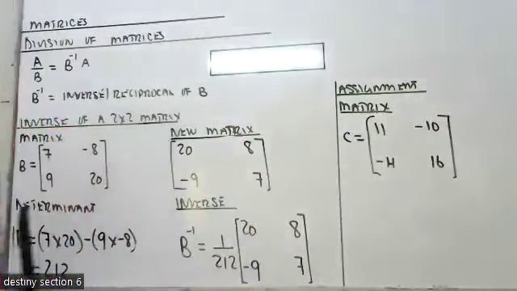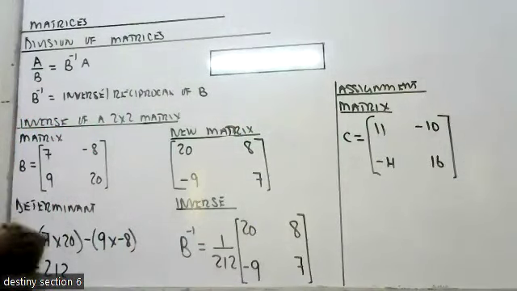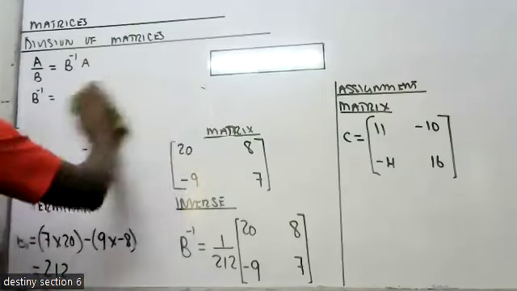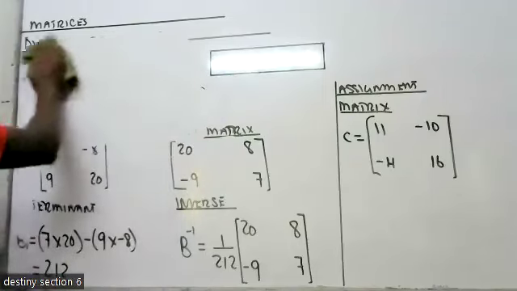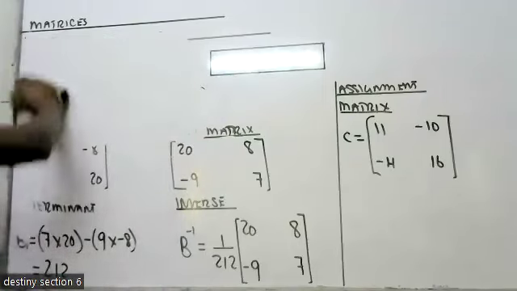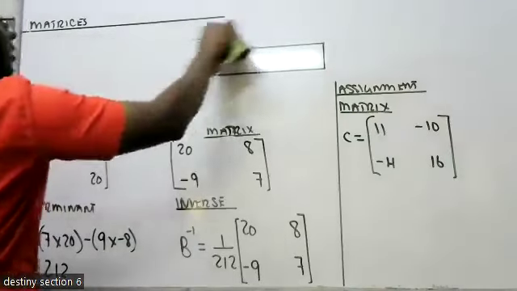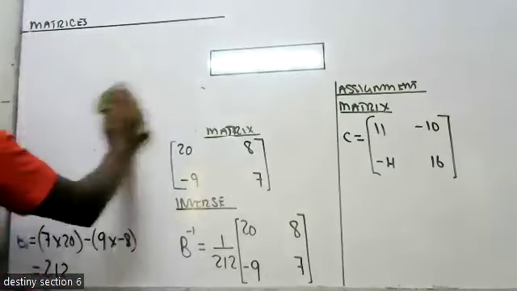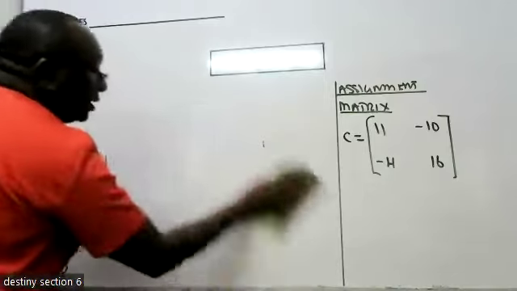So get the inverse of that matrix. So that is how to get the inverse of a 2 by 2 matrix.